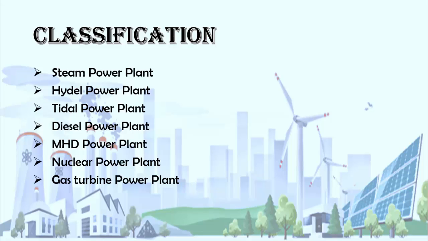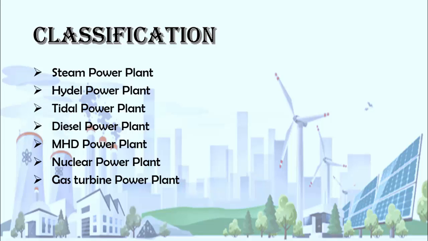Similarly, when water hits the turbine blades, then the power plant is known as the hydro power plant. When it is by means of wind energy, then it is called as wind power plant. When it is by means of sea waves, then it is called as tidal power plant.